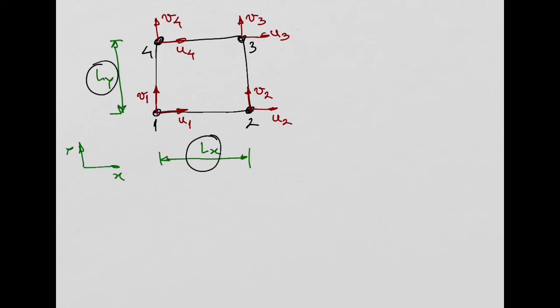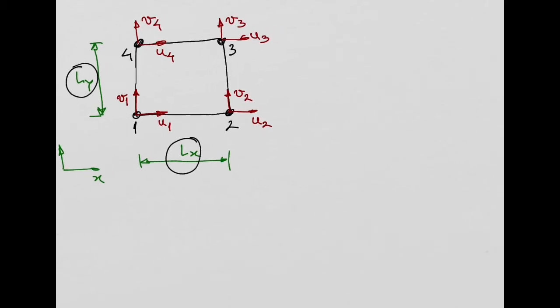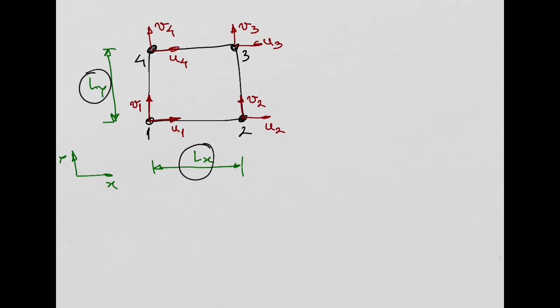So the way things are done is we need to map these physical coordinates into a coordinate system where our dimensions are fixed for the elements, always fixed.